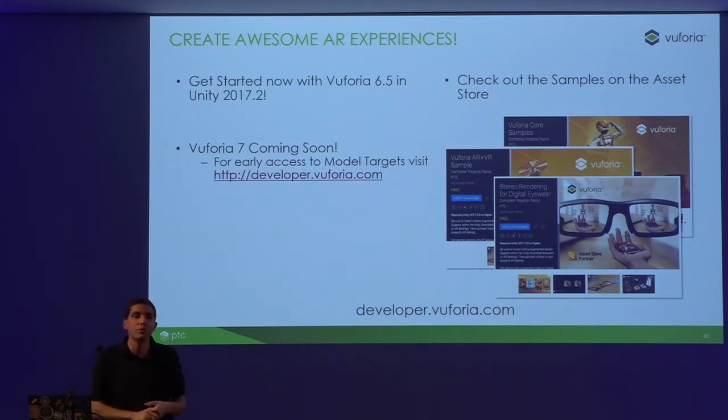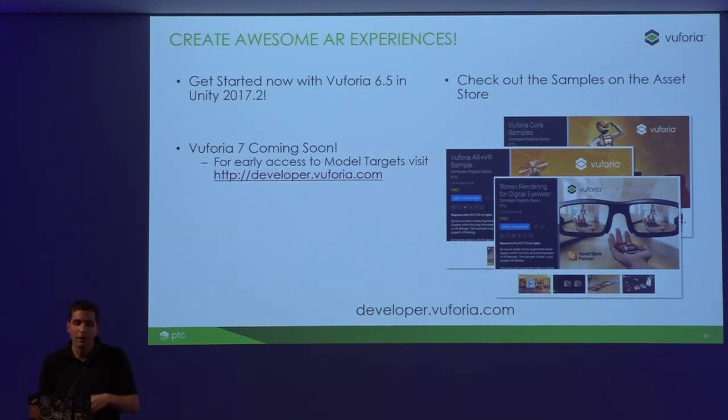Vuforia 7 is coming soon, and that includes model targets as well as all of our ground plane stuff. If you're really itching to get access to model targets sooner, check out our developer portal to get early access. And if you're Unity developers, check out some of our really cool samples on the Unity Asset Store. And I have packs of cards here if you're interested.